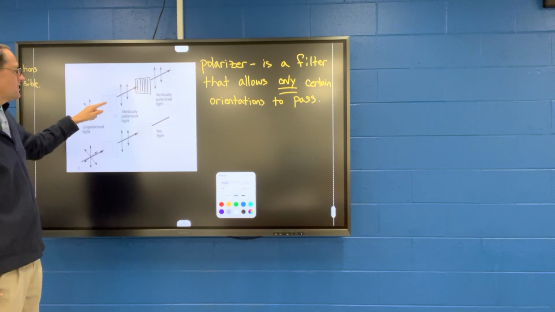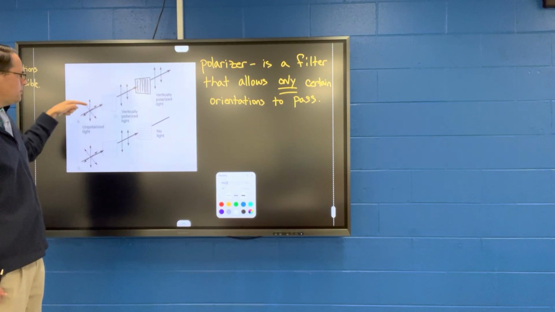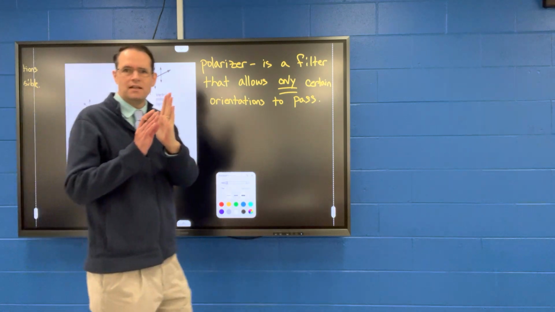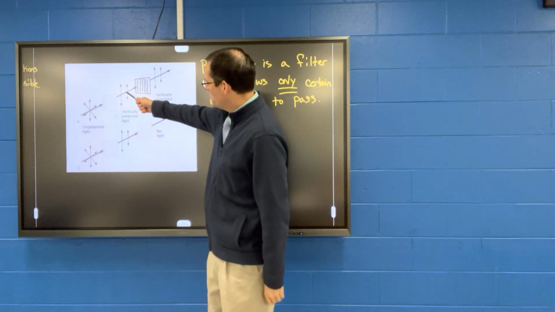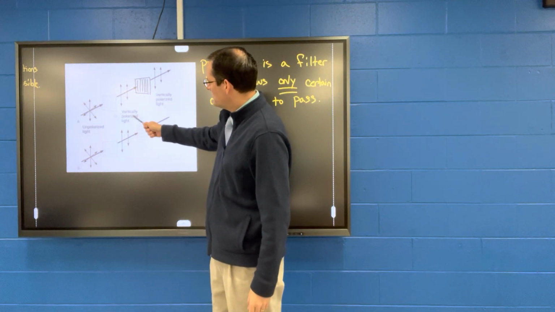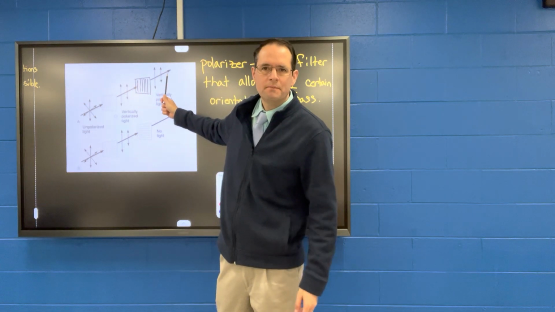It actually has two of them. I don't know why it has two in this diagram, but as it passes through, it only allows the vertical orientations to pass through, okay? And so what we have afterwards is vertically polarized light. So we can see how all of the arrows are just pointing up and down, okay?